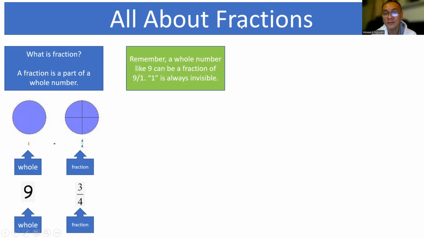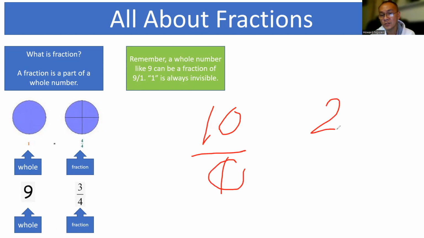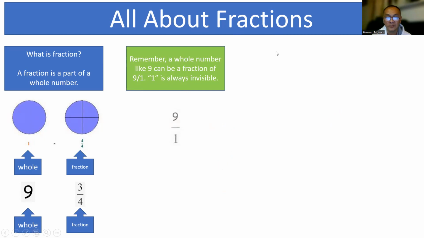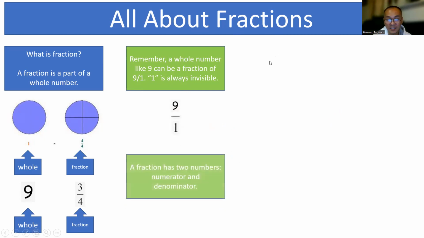So when you have 10, 10 is the same thing as 10 over 1. This right here is invisible. So when you have 21, it's technically 21 over 1. So this one right here is always invisible. So 9 over 1, as you can see there.